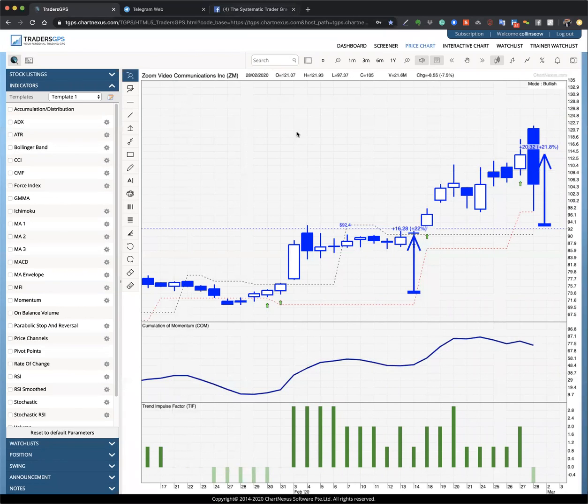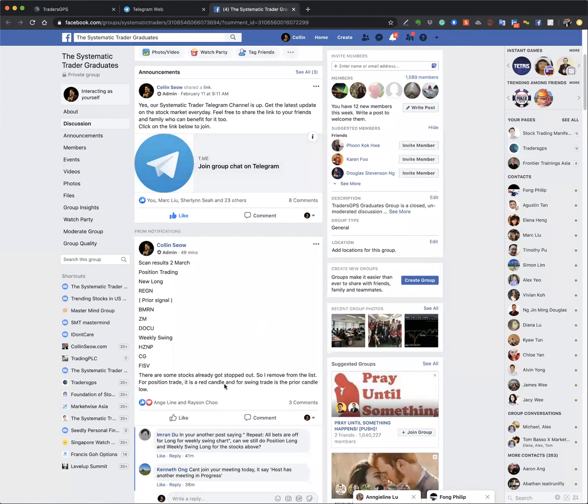Some of the stocks will stop out, so I remove them, because if not the list will be very long. But remember, break candle, get out, or break prior quick low for the daily swing.